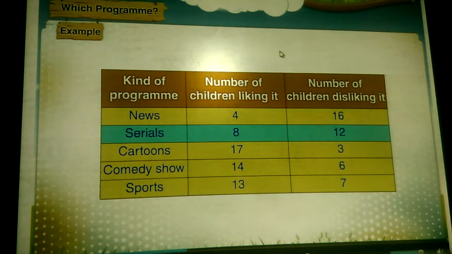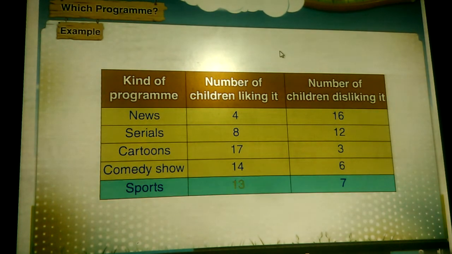Serials are liked by 8 children and disliked by 12 children. 17 children like cartoons and 3 children do not like cartoons. Comedy show. 14 children like it and 6 children dislike it.